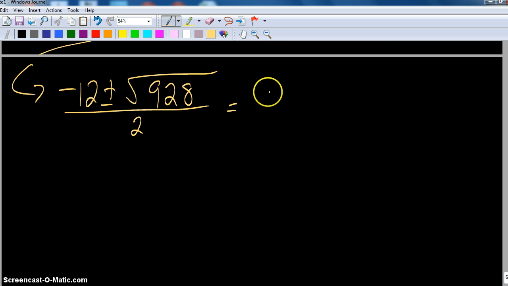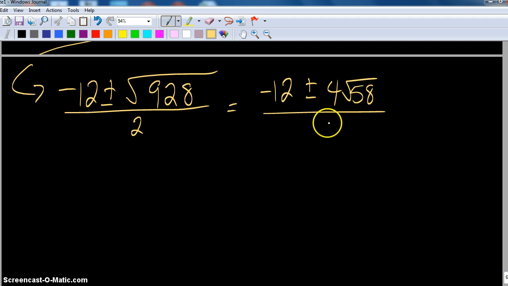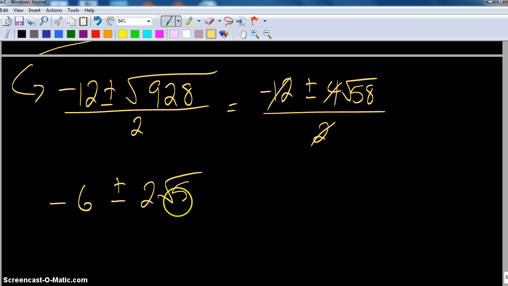Alright, so this is going to end up being negative 12 plus or minus 4 square root of 58 divided by 2. And you see how negative 12, 2, and 4 are all divisible by 2? So I'm just going to divide each one by 2, which gives me negative 6 plus or minus 2 square root of 58.